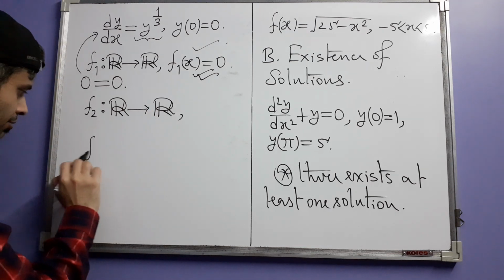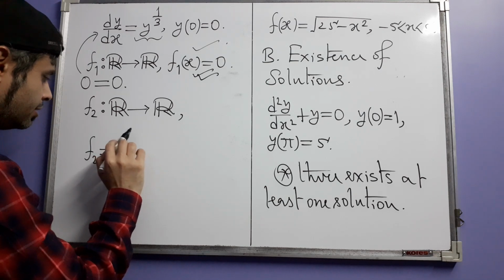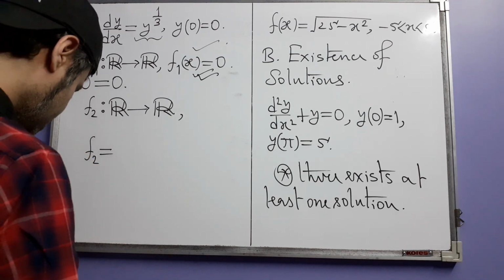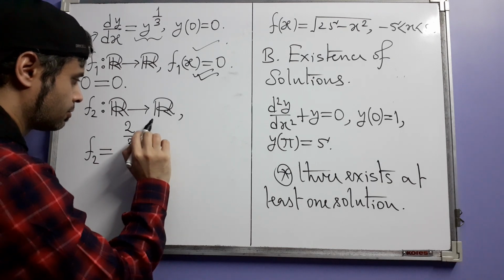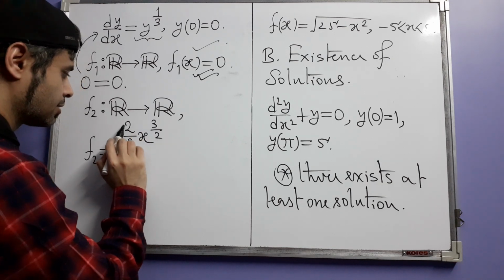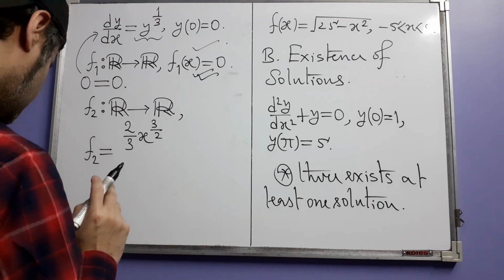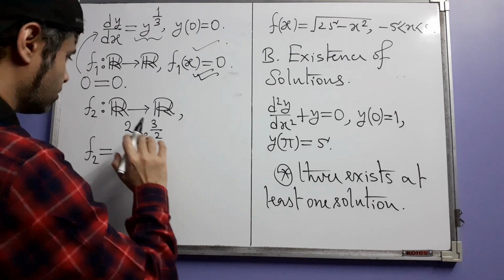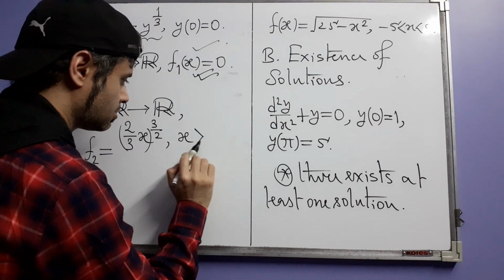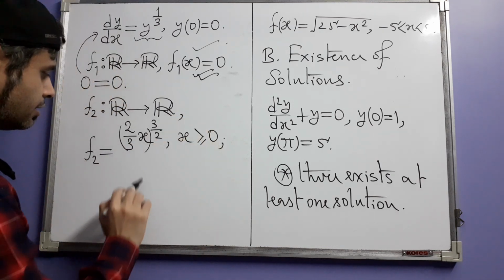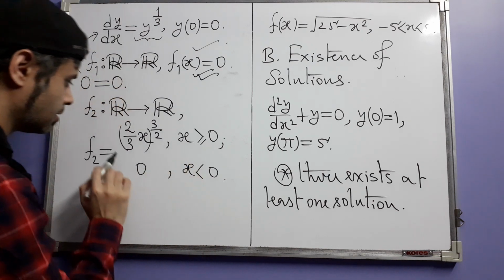This f2, however, has been defined in parts, and the definition is this: 2/3 times x to the power 3/2 if x is non-negative and 0 if x is negative.